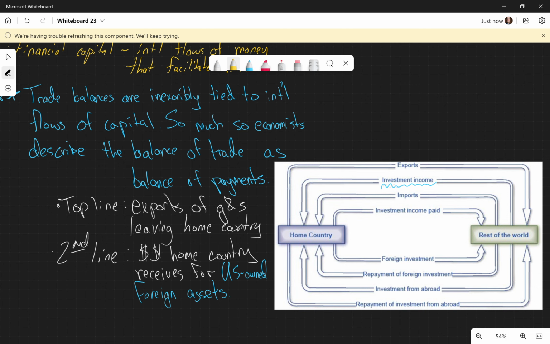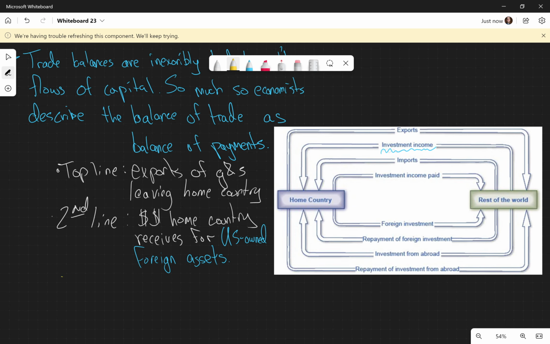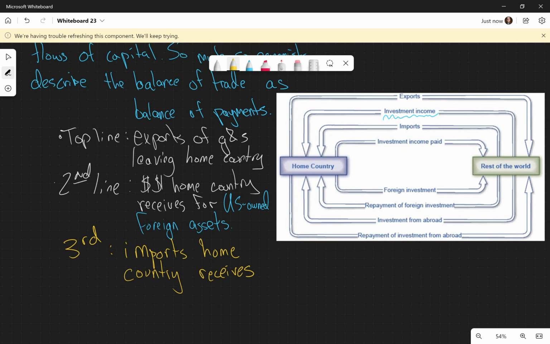Our third line that we have here, that's just our imports that the home country receives, the U.S., and our fourth line is the payments that the home country sent abroad for their, so hold on, we'll do this in a second.